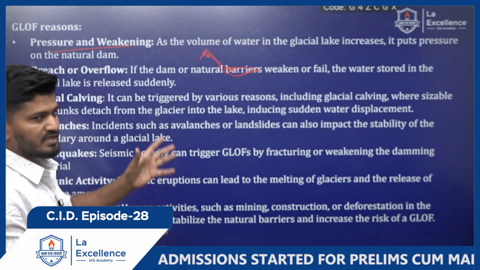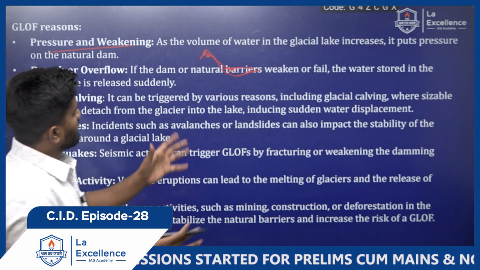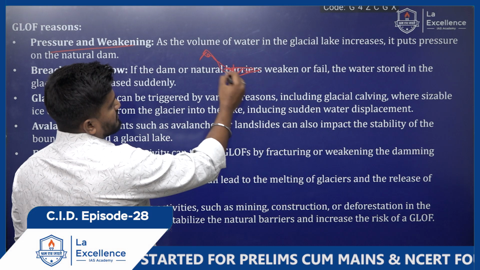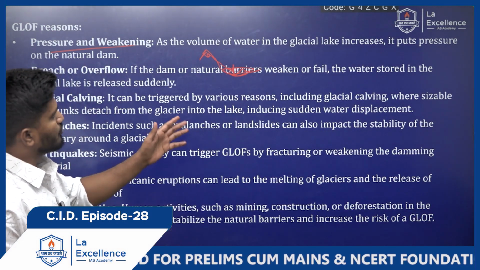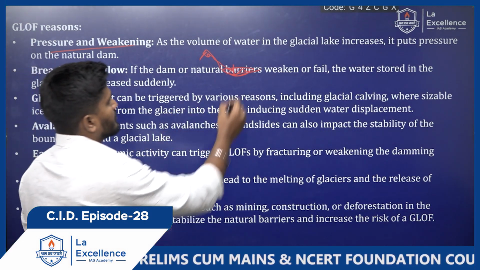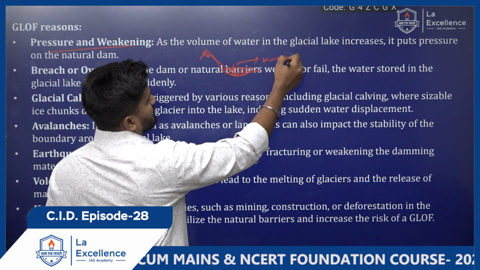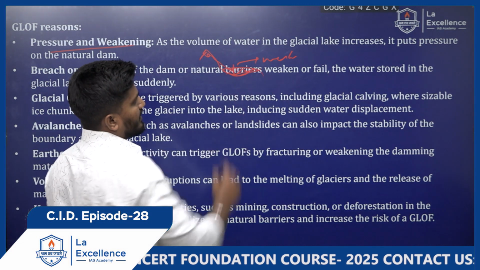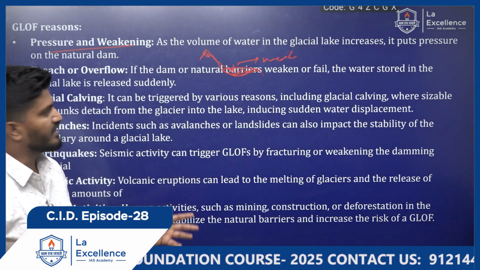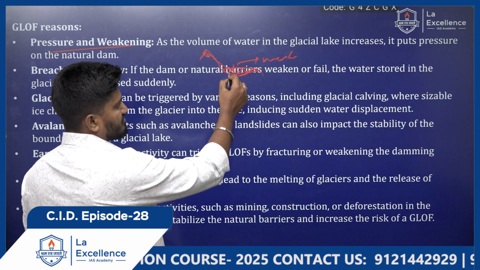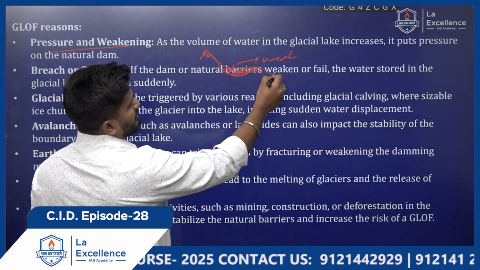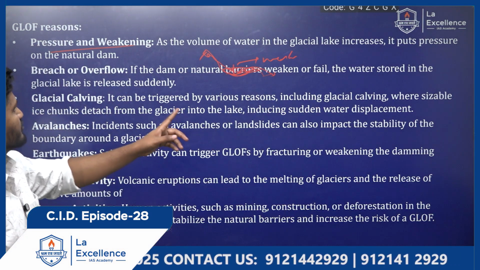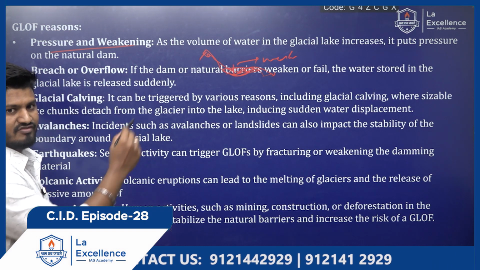Because of the accumulation of more water, the pressure keeps on building in this region. Whenever there is more pressure, it results in weakening of the region. That is, it weakens the natural dam, and after a certain period of time, because of the heavy pressure, it starts bursting out of its region. Okay, so first and foremost reason is pressure and weakening of the landform.